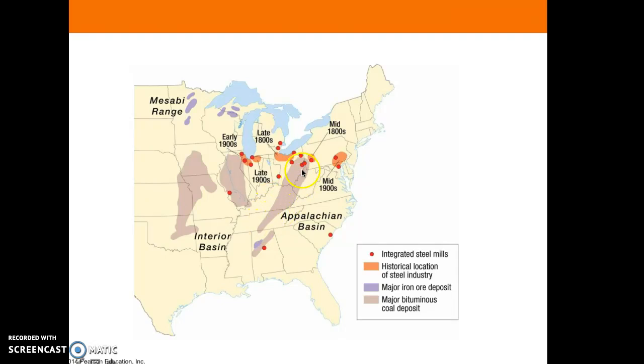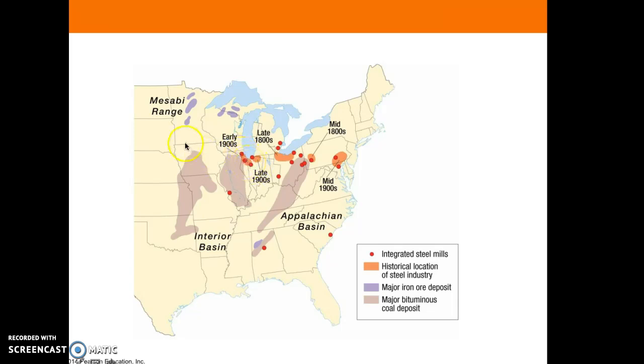So we had lots of coal coming all through here, lots of iron coming from there, and a lot of our steel industry was located up here. Then towards the late 1800s, it shifted towards Ohio and the Lake Erie area. And then by the early 1900s, it shifted over here to Lake Michigan.